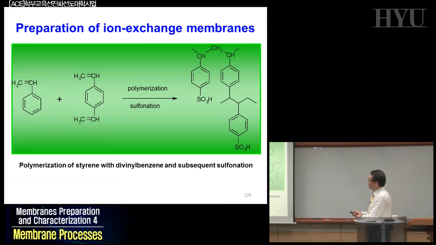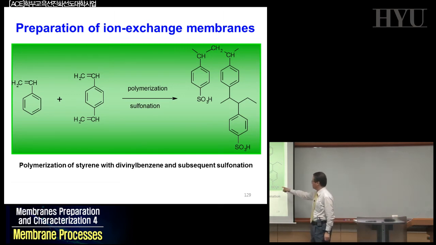So if you control the sulfonation degree, then you will be able to make a certain degree of sulfonation of this polystyrene system. And although I have written here SO3H, if you treat this polymer in sodium hydroxide, because it's acidic, this will be charged.